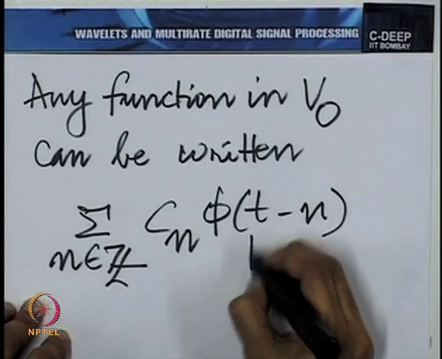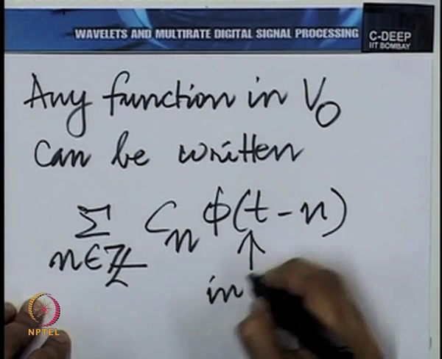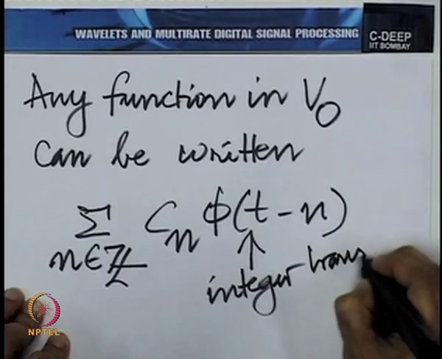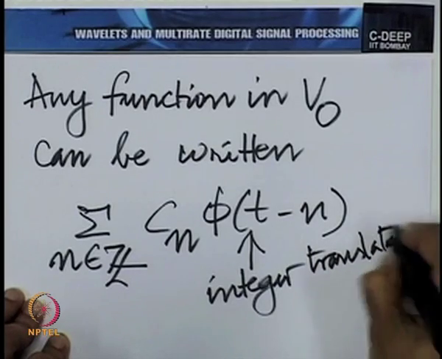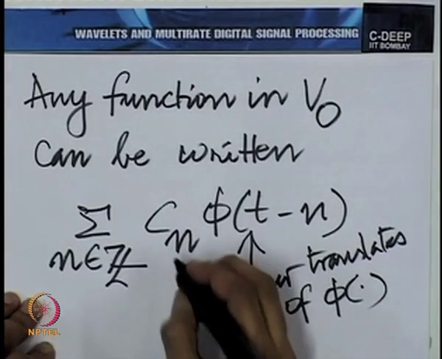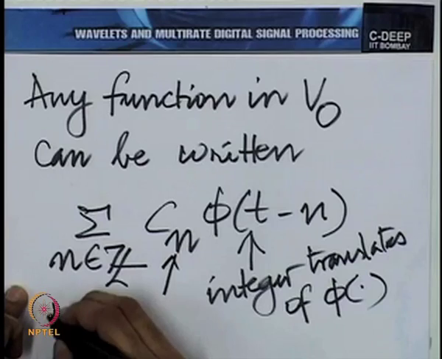So, essentially integer translates of phi. And these are the piecewise constants here.